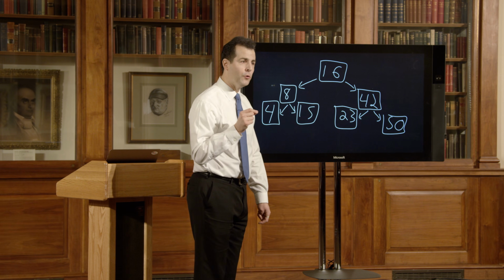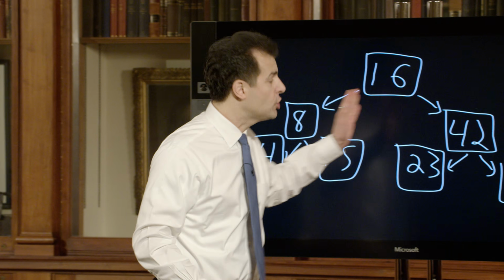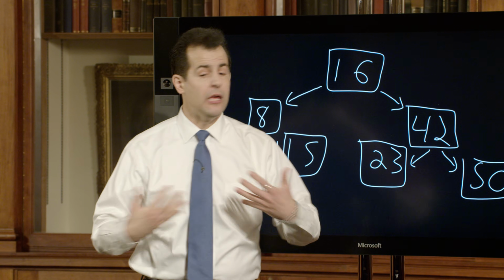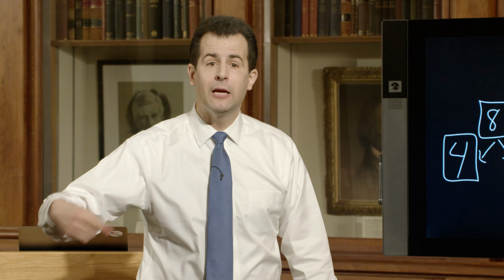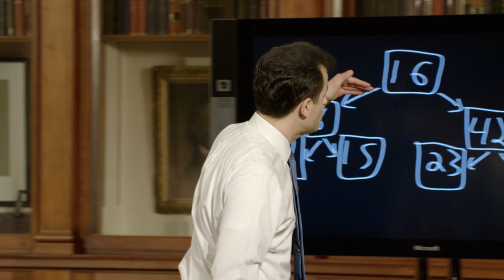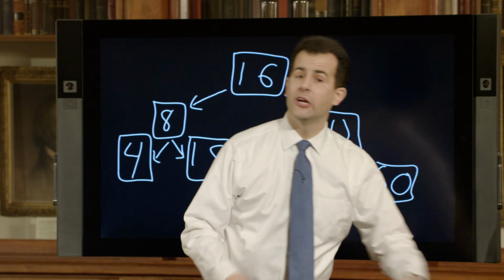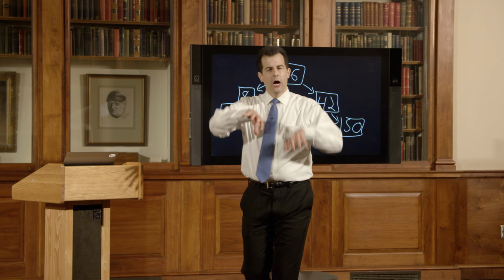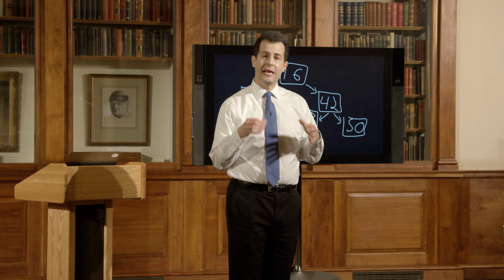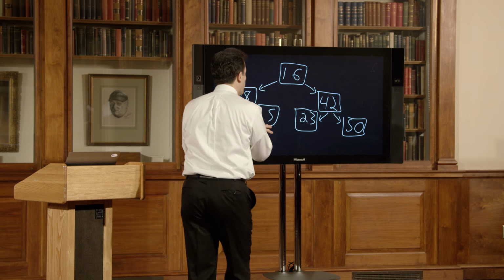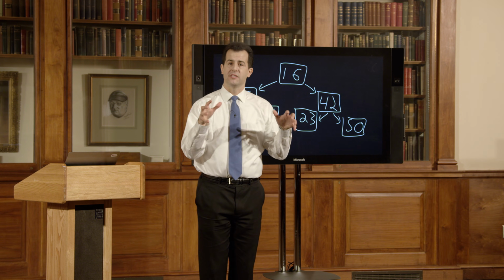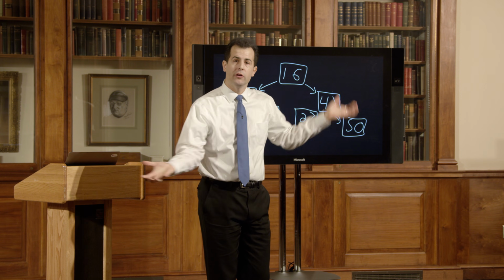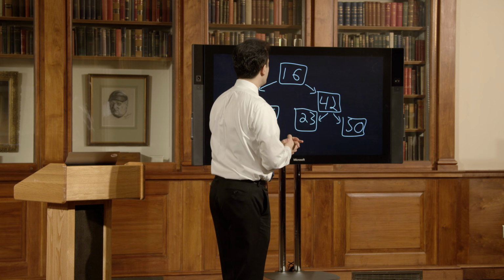If I'm not careful, a data structure like this could actually devolve into a linked list if I just keep adding, by coincidence or intent, more and more big numbers. They might just so happen to get long and long and long and stringy unless we're smart about how we rebalance the tree occasionally. And indeed, there are other forms of these trees that are smart and with more code will rebalance themselves to make sure that they don't get long and stringy but stay as high up as possible.